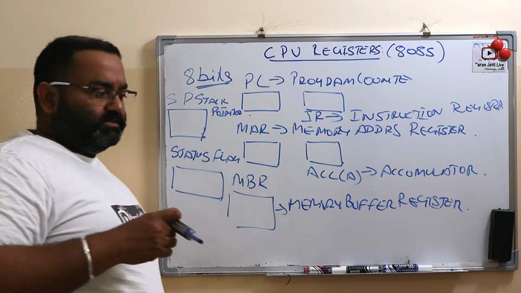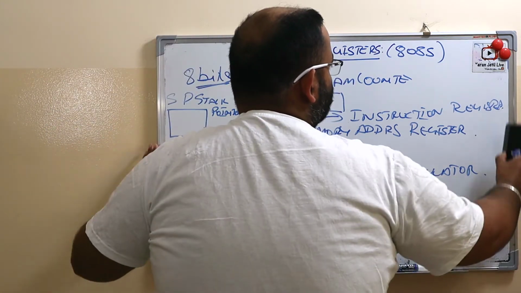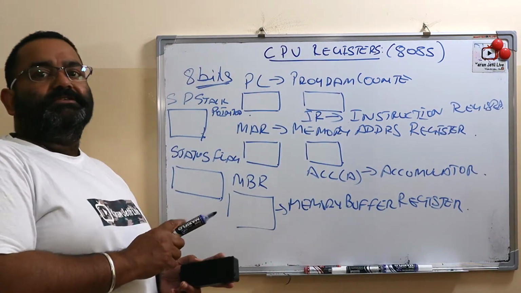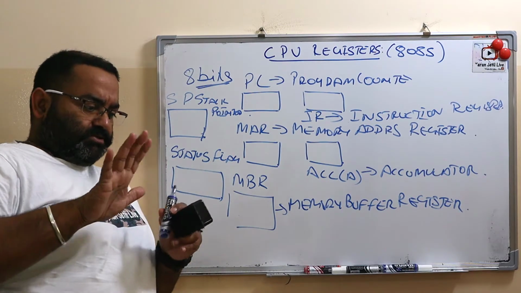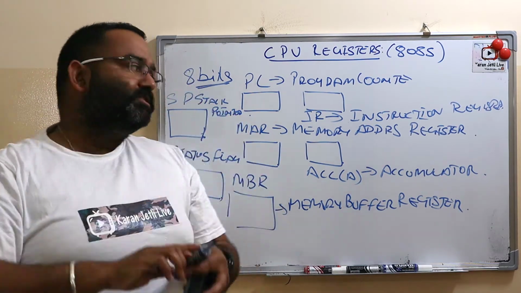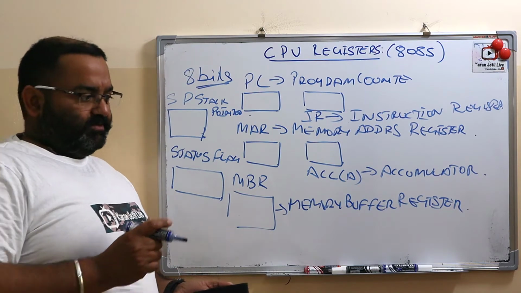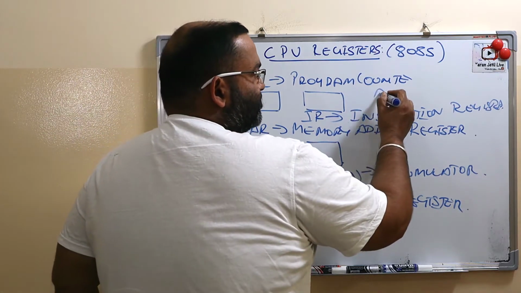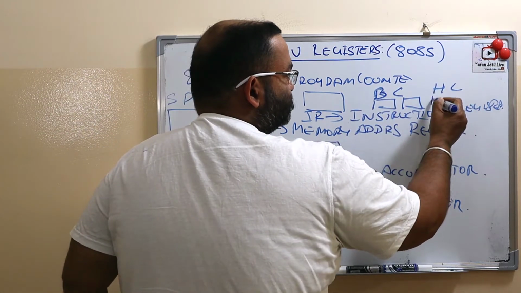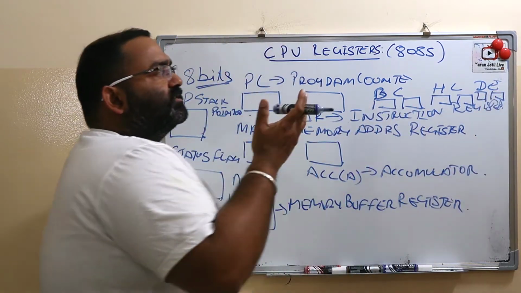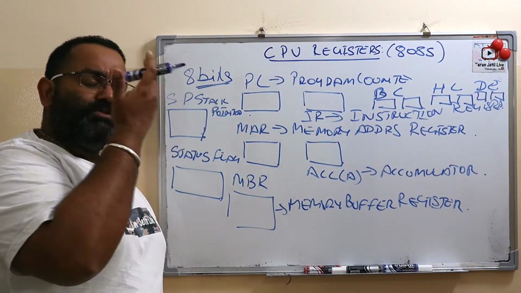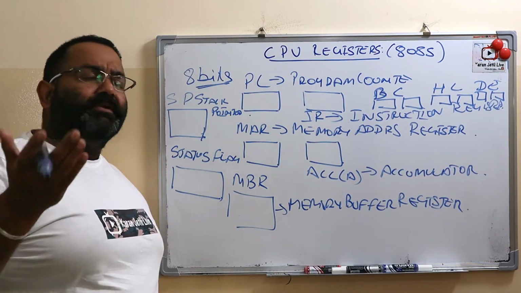Other than this, it has general purpose registers. It has 6 general purpose registers, that is B, C, H, L, D and E, which can store temporary data and temporary variables.